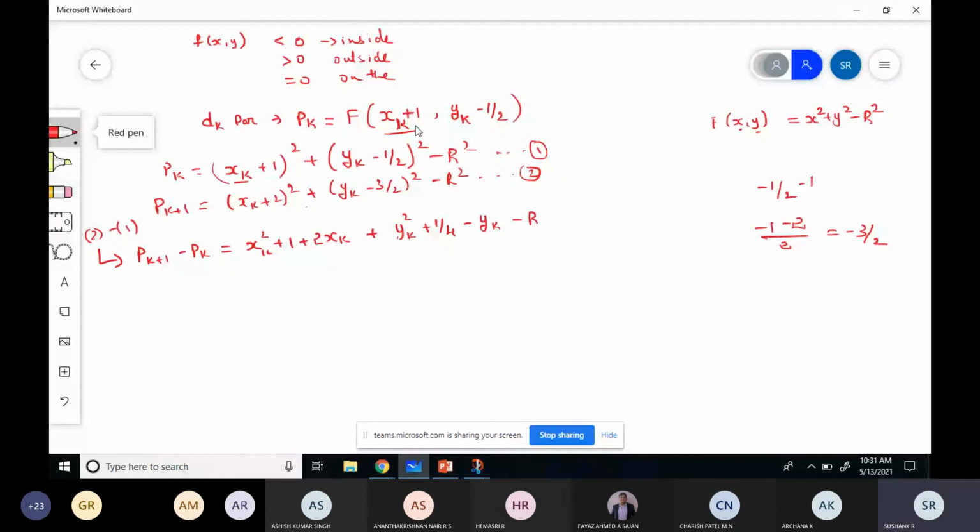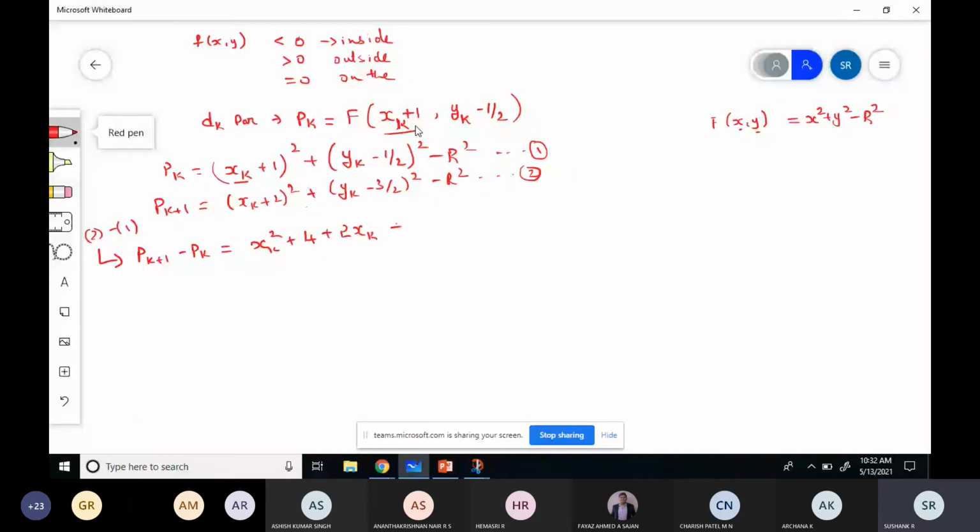Minus r square. Now expand the other one, which is (xk plus 2): a square plus 4, since 2 square is 4, plus 2 into xk.